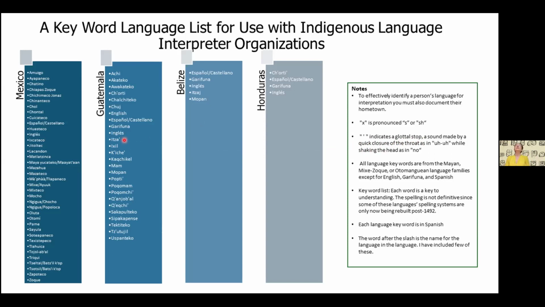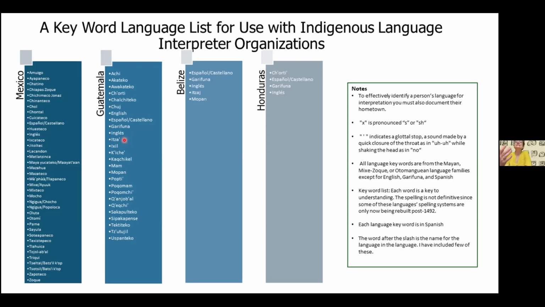The glottal stop is essentially when you close your throat. In English, we do this sound a lot. It's like when you say no, that brief closure of the throat. Everybody just do it. In Spanish, people do this too. So that quick, single closure of the throat is the glottal stop, and that apostrophe is kind of like a letter representing that sound.